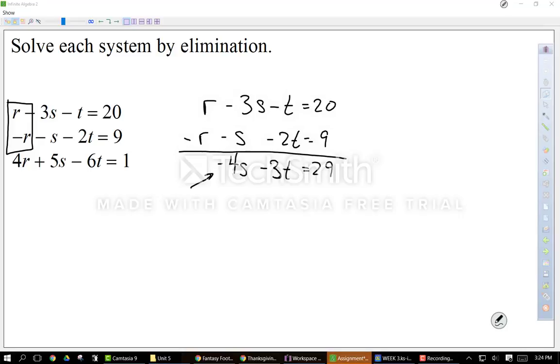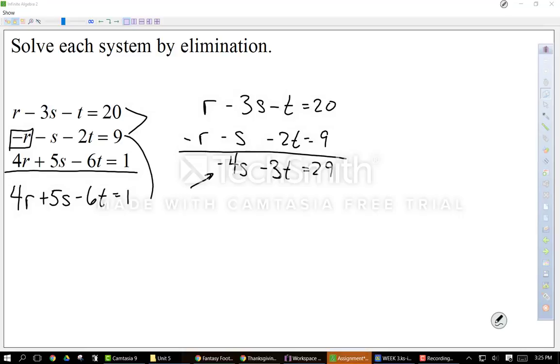So I want to now eliminate an r from another set of equations. And in order to do that, I have to use now the third equation that I didn't use to start with. I'm going to write that down below just so that I can see it a little clearer. And I need to now use one of these equations to eliminate that r. If I look, this one's a negative, so I don't have to subtract stuff, I can just add it.